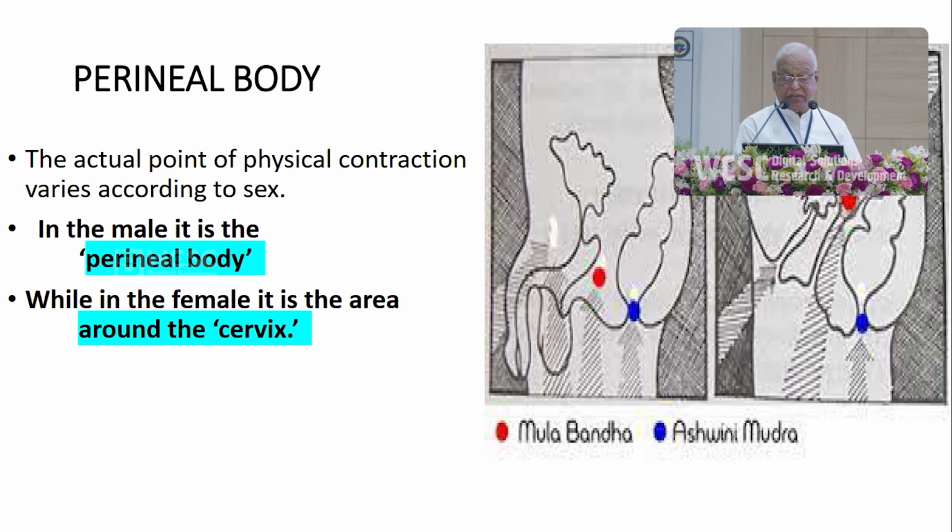This perineal body, this genetic center, is very important, because all the muscles in this area converge towards this point. Spiritually also they say all the 72,000 nadis originate from this center.